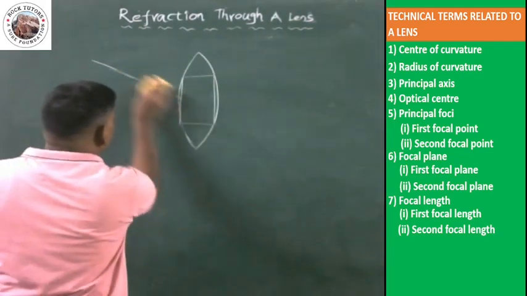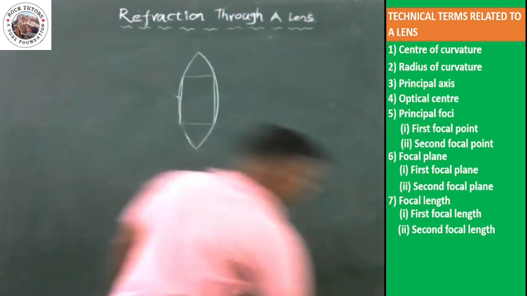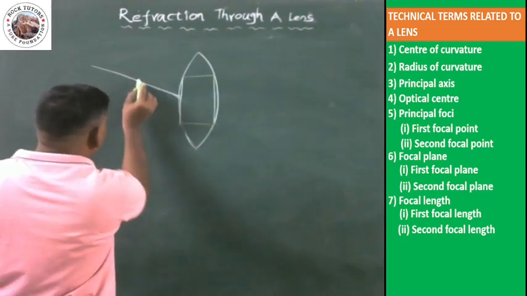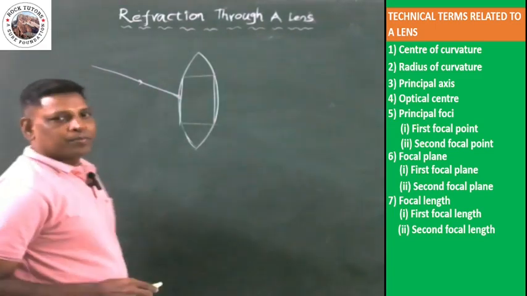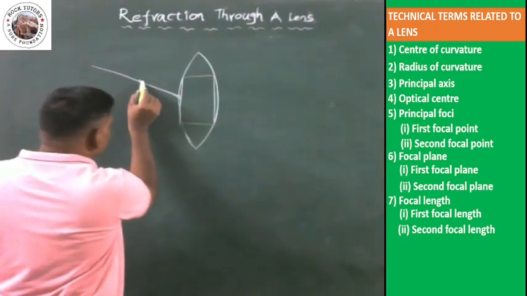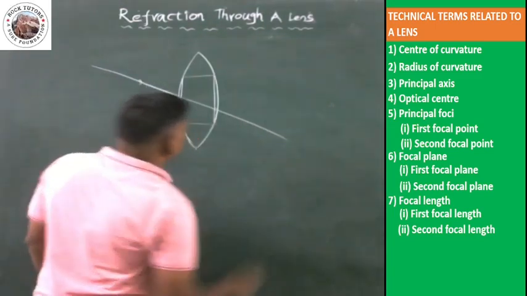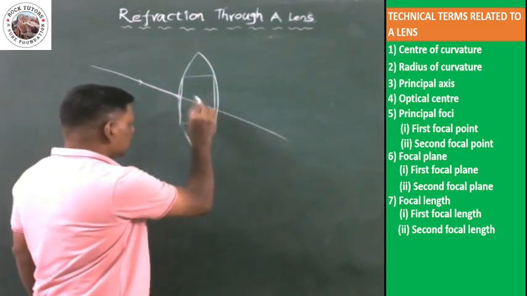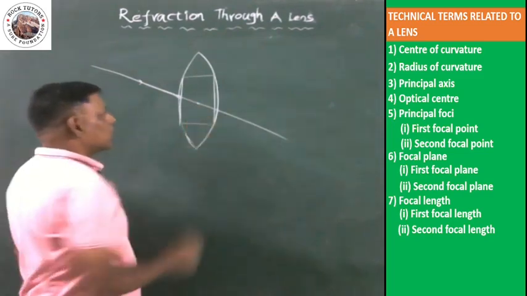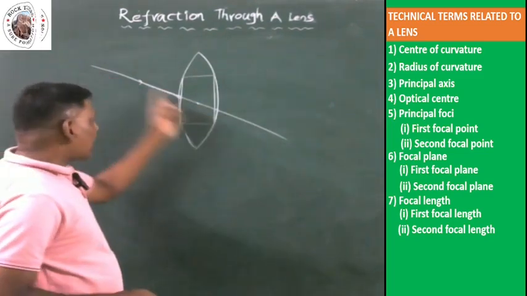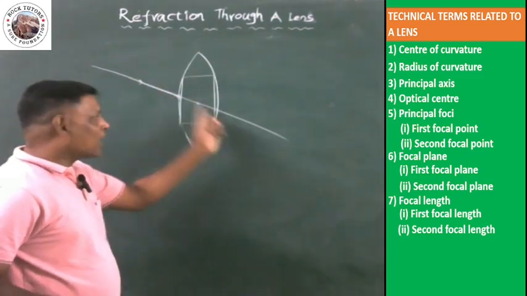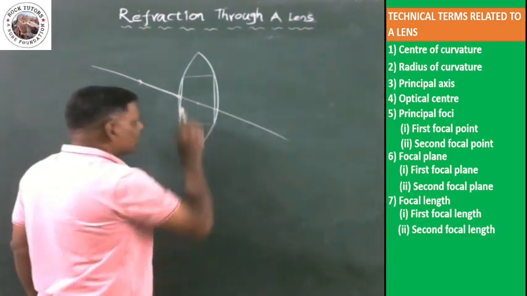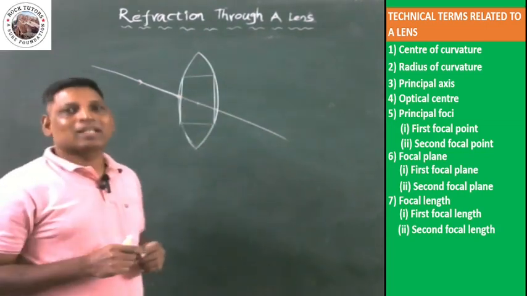If the ray passing through a particular point is not deviated and goes straight, then this point is called the optical center.